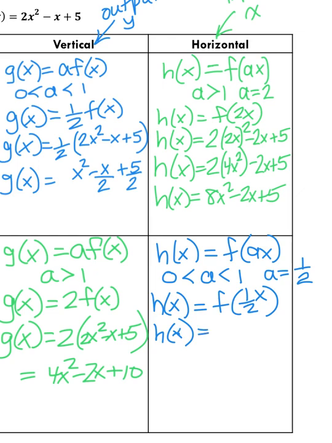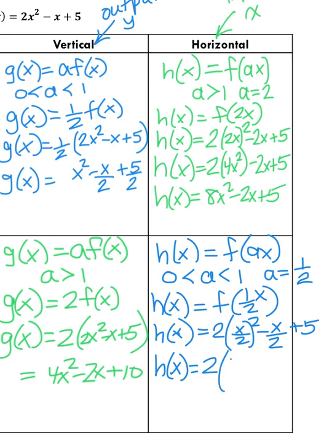So I have 2 times x over 2 squared minus x over 2, I'm replacing that, plus 5. And now I'm going to simplify. So h of x equals 2 times x over 2 squared, that's x squared over 4, minus x over 2 plus 5.